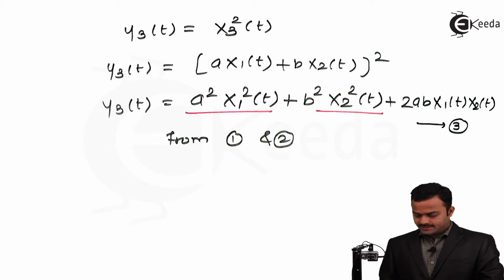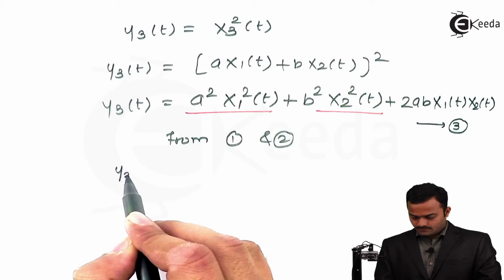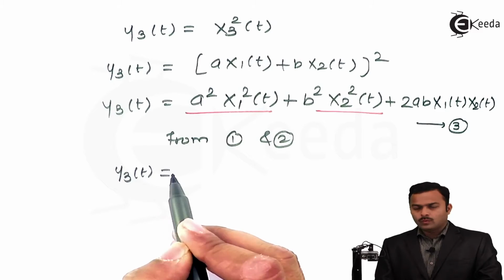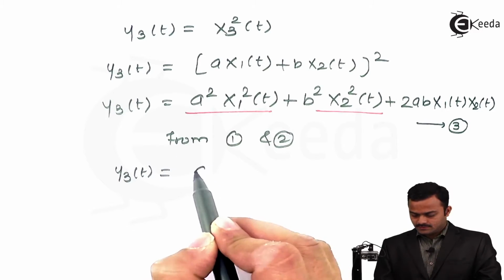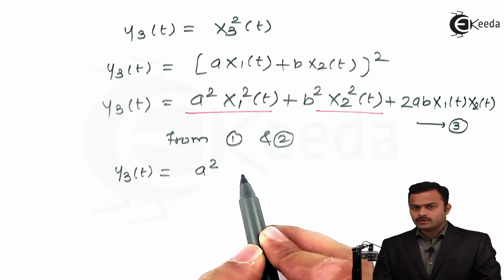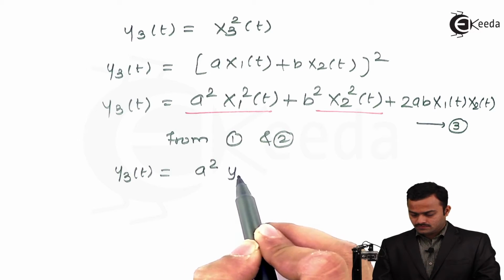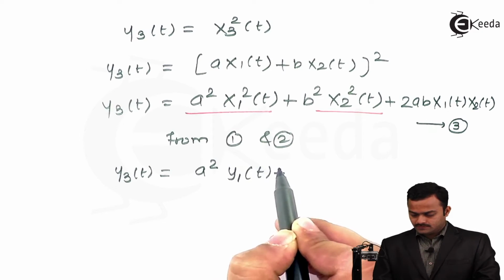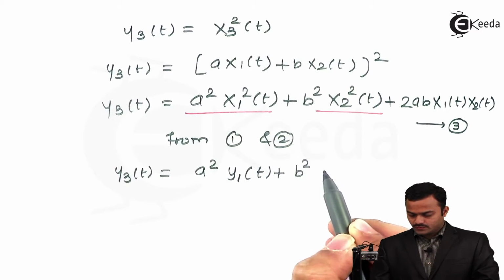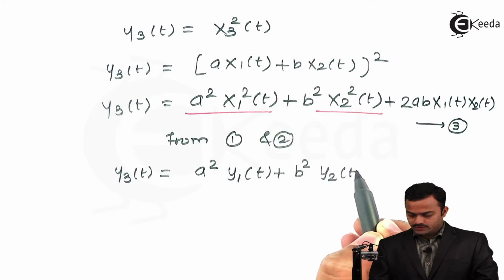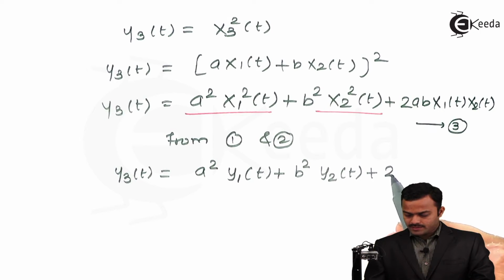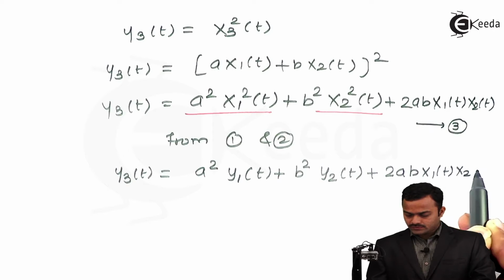In the end, I will get the expression y3t as a square y1t plus b square y2t, and the remaining part will be as it is, 2ab x1t x2t.